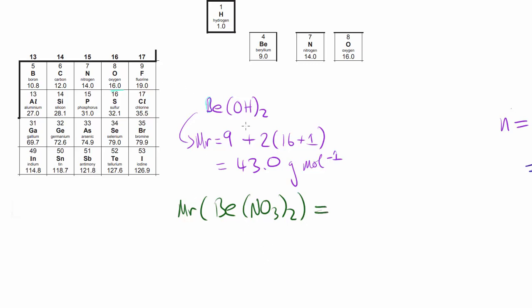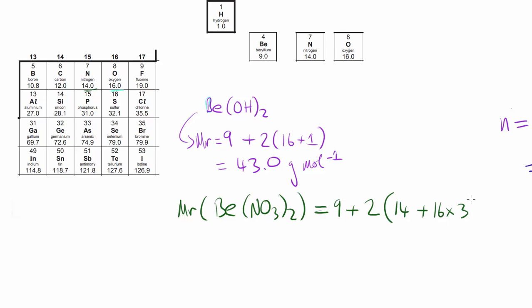That's going to be equal to what? From beryllium the relative atomic mass is 9, plus, for NO3, I'm going to put a 2 here and open the brackets. For nitrogen we've got 14, plus, for the oxygen it's O3, so you actually have to do 16 times 3.